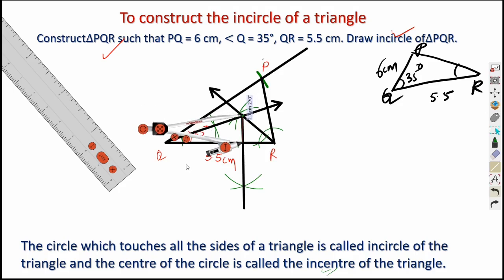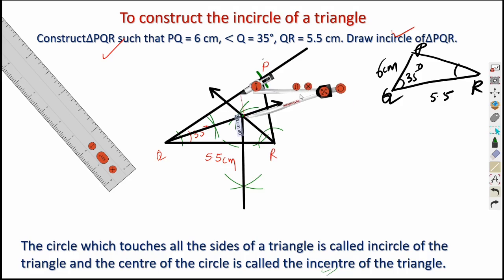So if you draw a circle taking that distance of perpendicular from the center to the side as radius, it will automatically fit as an incircle, provided your measurements and your construction are perfectly alright. That is the principle.